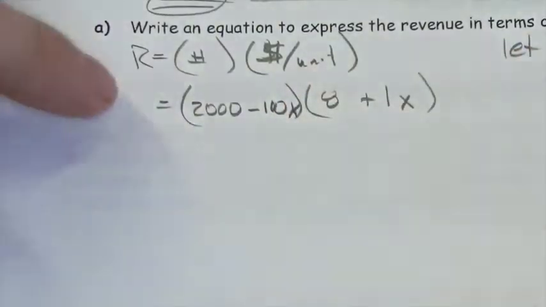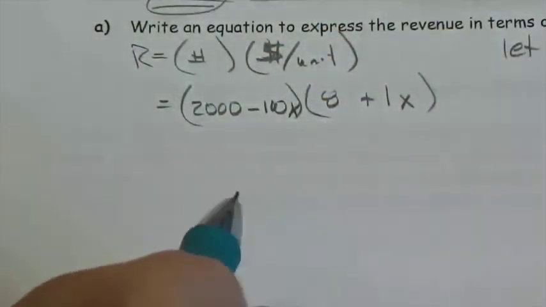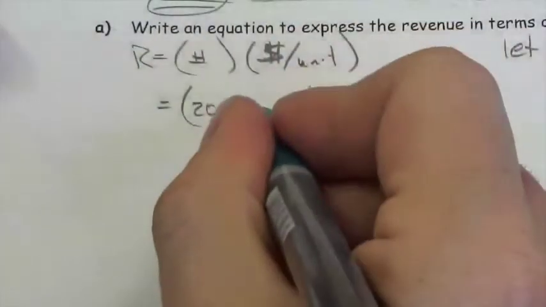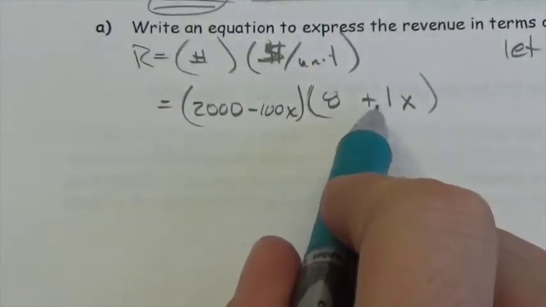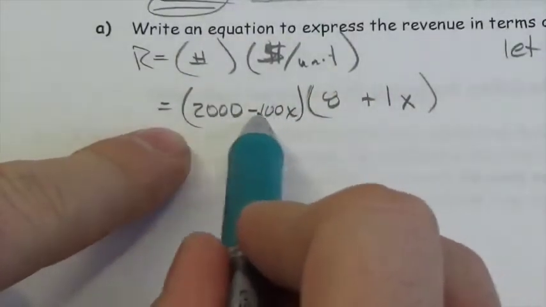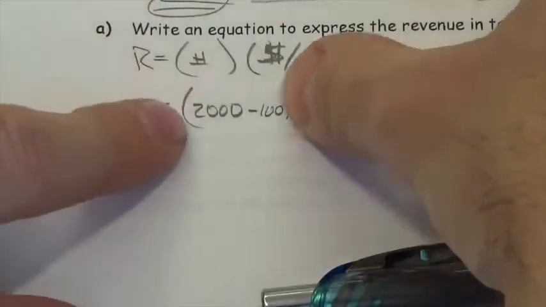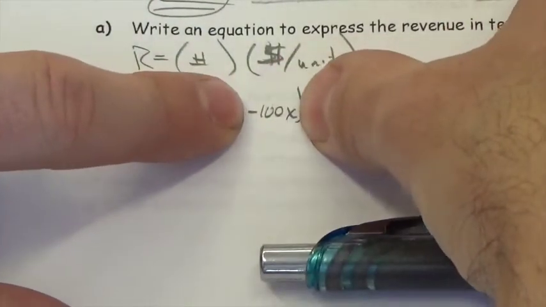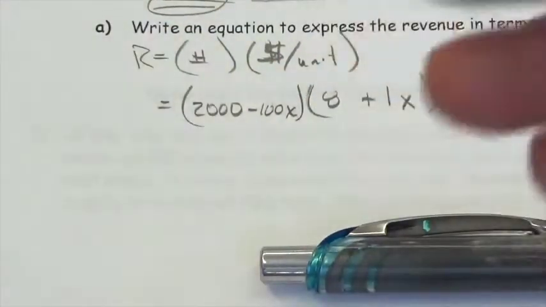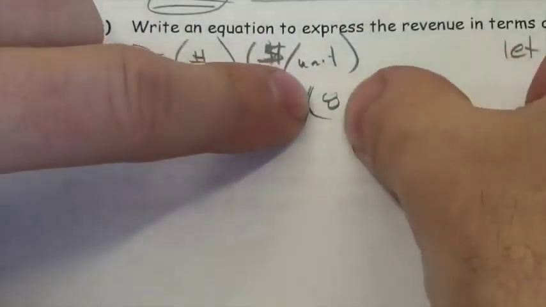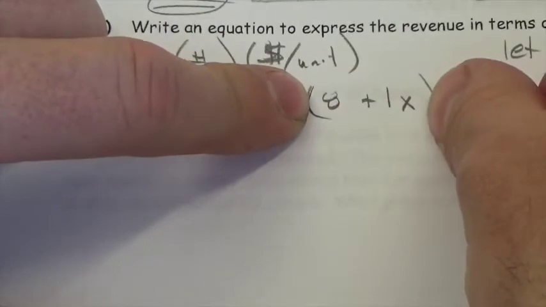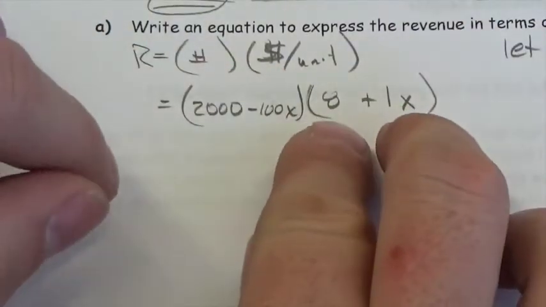So that's why I have to put that 100x there. Okay? So 2,000 minus 100x multiplied by 8 plus 1x. So again, here's the number of people showing up, but it's altered a little bit. I'm going to subtract 100 every time I add the 1 here. Now over here, this is the initial price, and I'm going to alter it. Keep the money separate from the people to start off with.